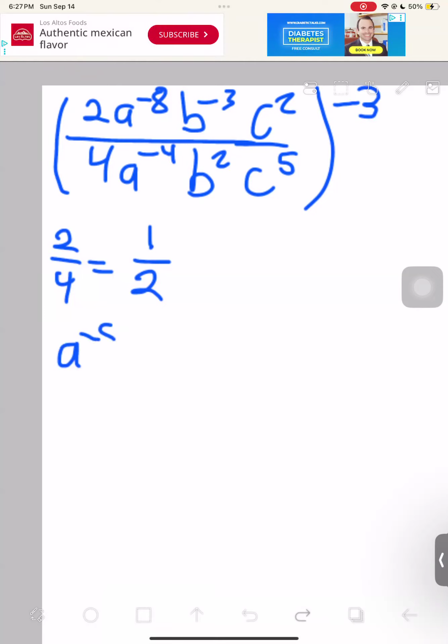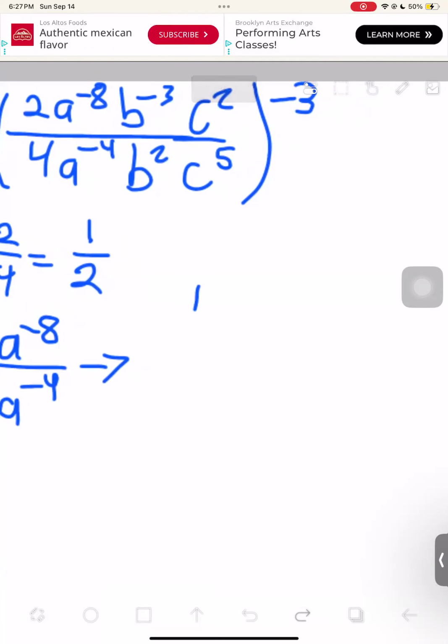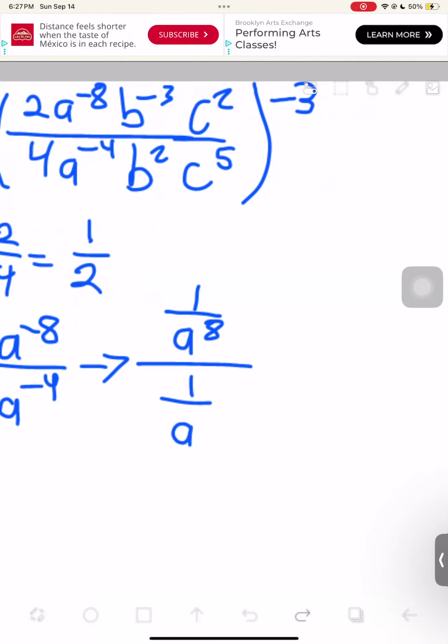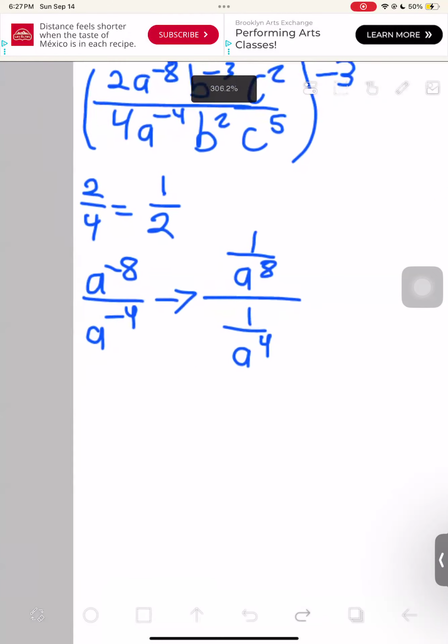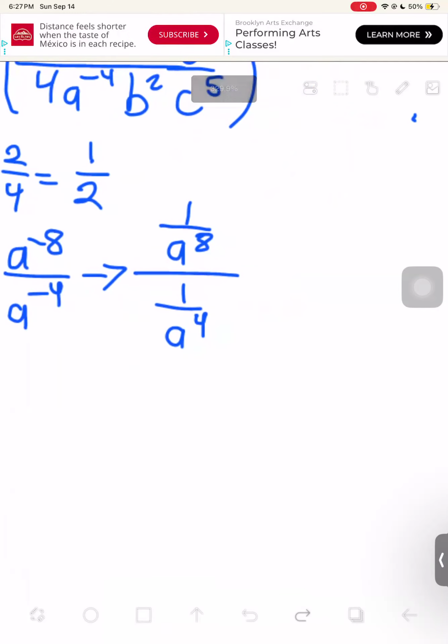Next, let's look at a's. A to the power of -8 over a to the power of -4. What does that mean? Well, that's the same thing as saying 1 over a to the power of 8 over 1 over a to the power of 4, because remember, the negative exponent becomes a fraction. And we dealt with fractions before, right?